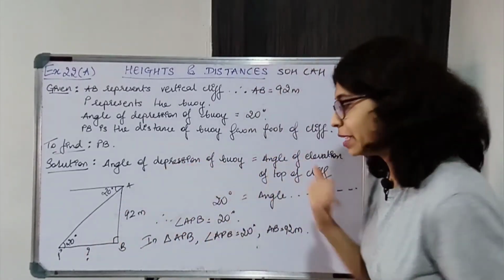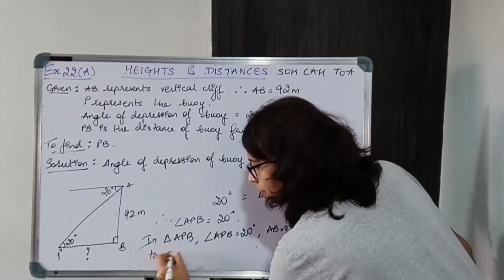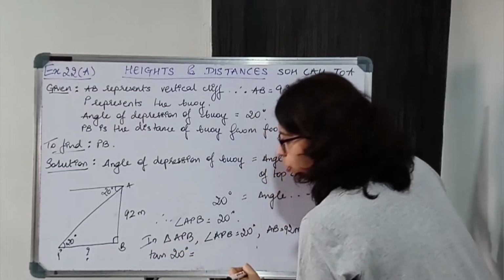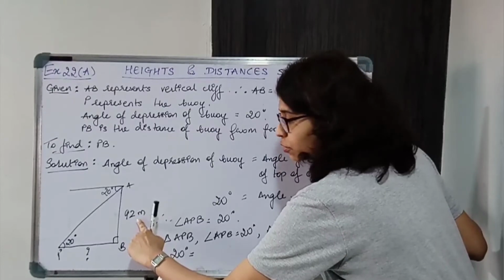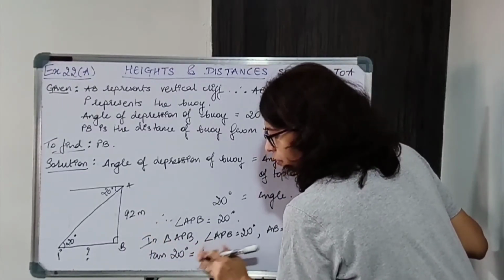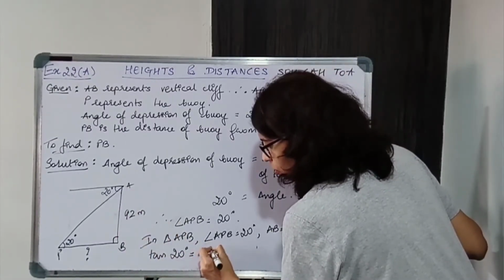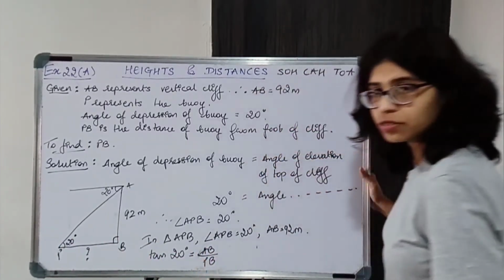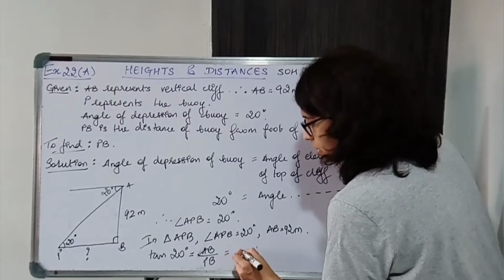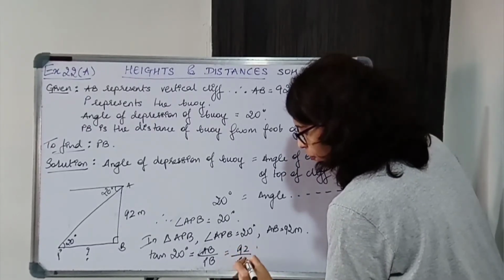Opposite and adjacent come in tan. So tan 20 degrees is equal to opposite upon adjacent. Opposite side is AB, upon adjacent, that is PB. AB is 92, PB we have to find.